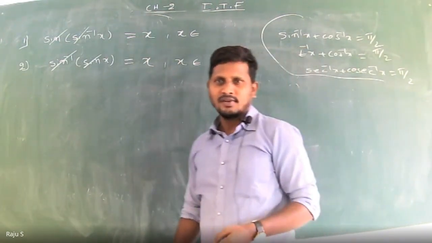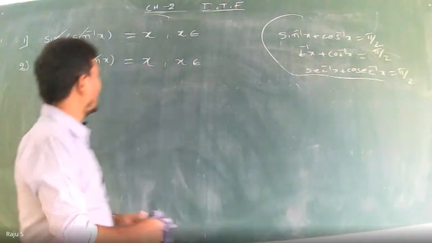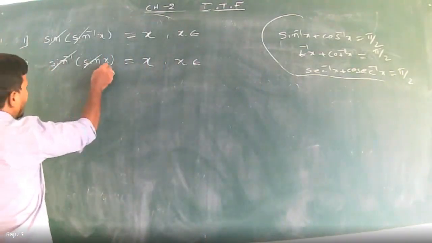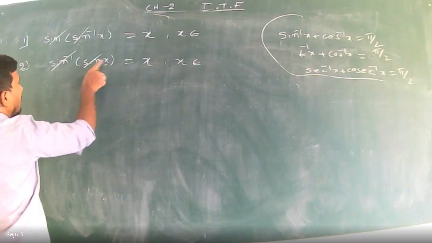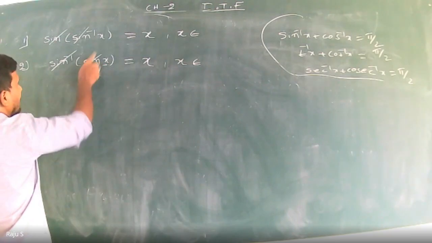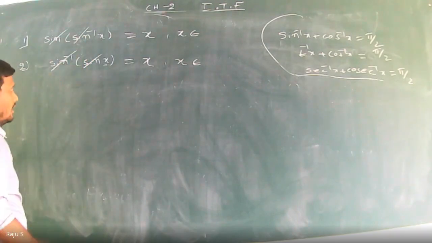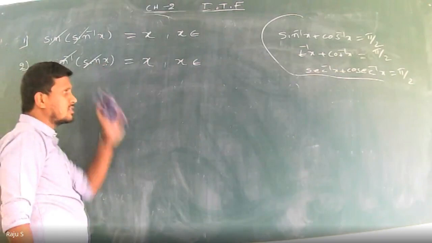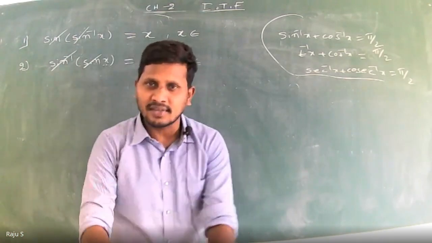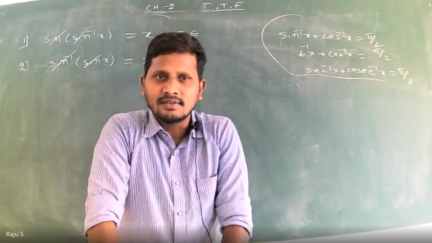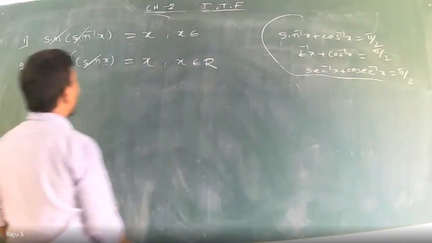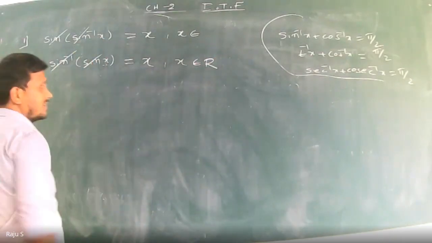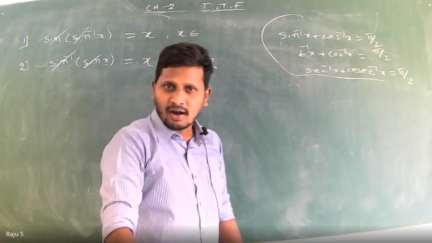No, that is different. Here in the bracket, the x belongs to sine in one case and to sine inverse in the other. What is the domain of sine? The domain of sine x is the real numbers. But what is the domain of sine inverse?